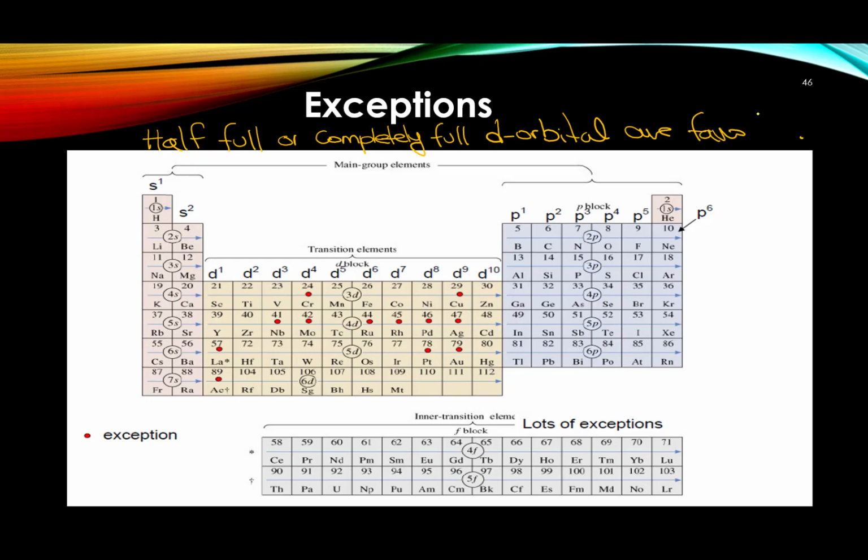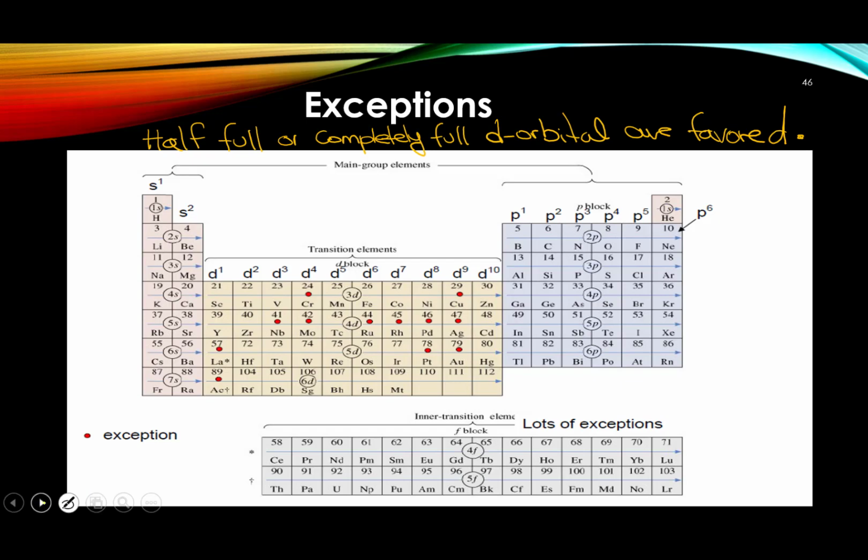Okay, let me write it down properly. Are favored. What does it mean by favored? It means they are more stable. Okay, if we could have our transition metal to have a half full d orbital, that's what we're gonna do.